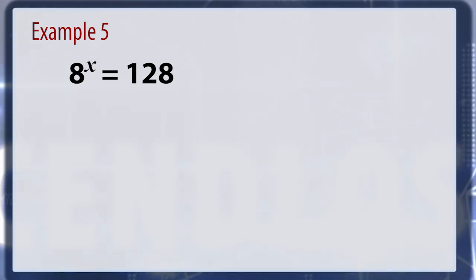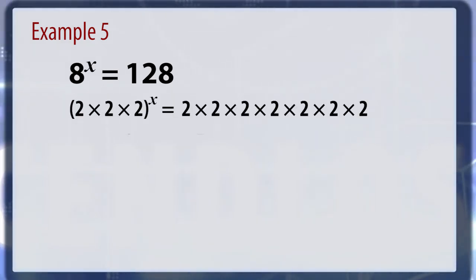Well, I can. We're going to write our 8 as 2 times 2 times 2. So we have 2 times 2 times 2 raised to the power x on one side, and 2 multiplied by itself 7 times on the other side.